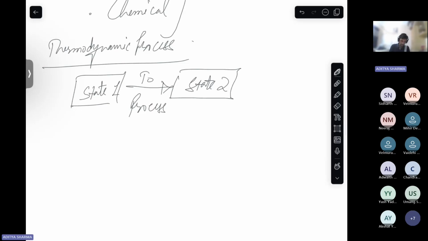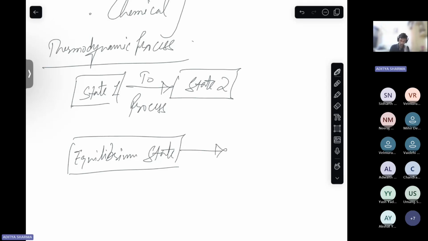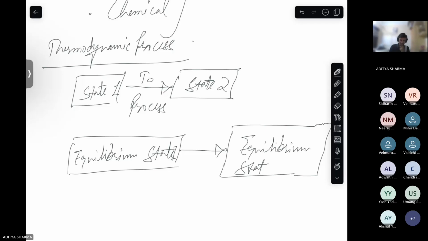And from one equilibrium state to another equilibrium state, equilibrium state 2, if we want to go, in that case, we will have a set of states in between this whole process, right?